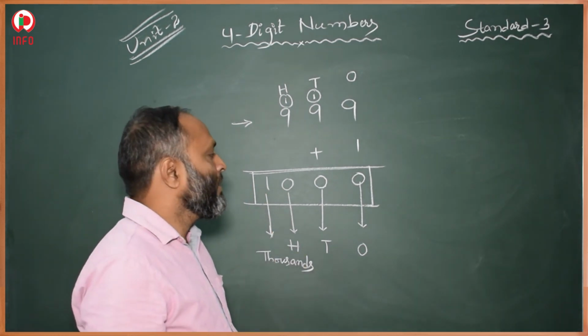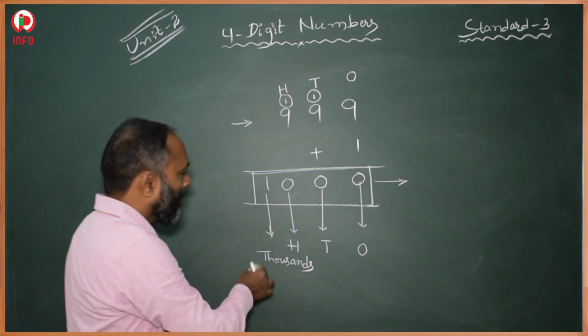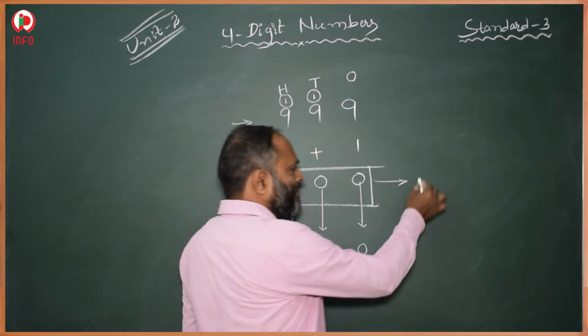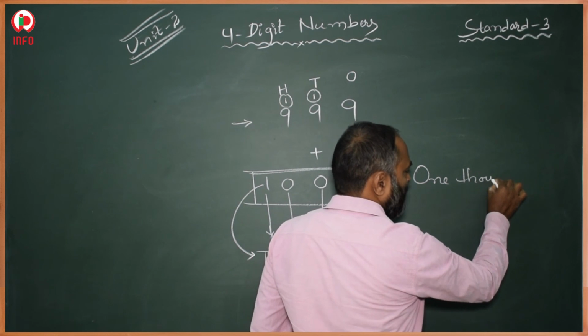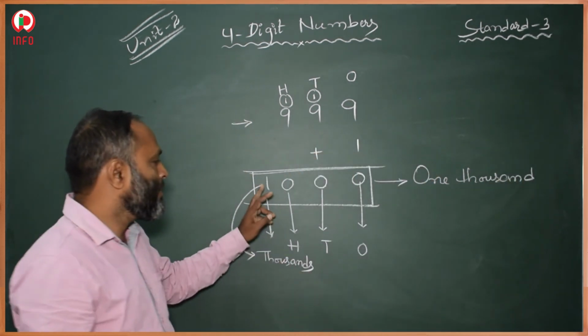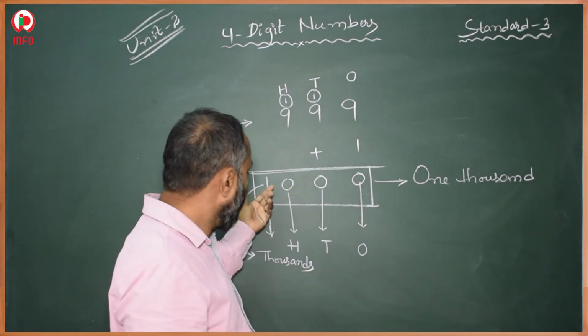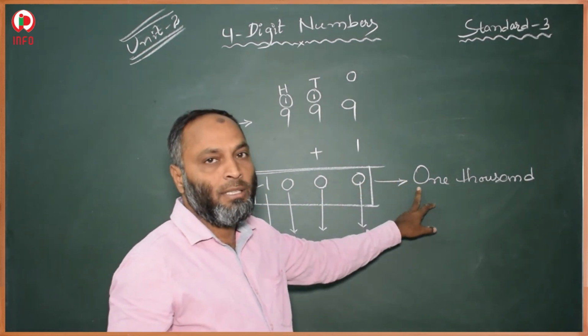So this is 1000. How to read this? 1 is in the thousands place, and after that all are zeros. We write it like this: 1000.